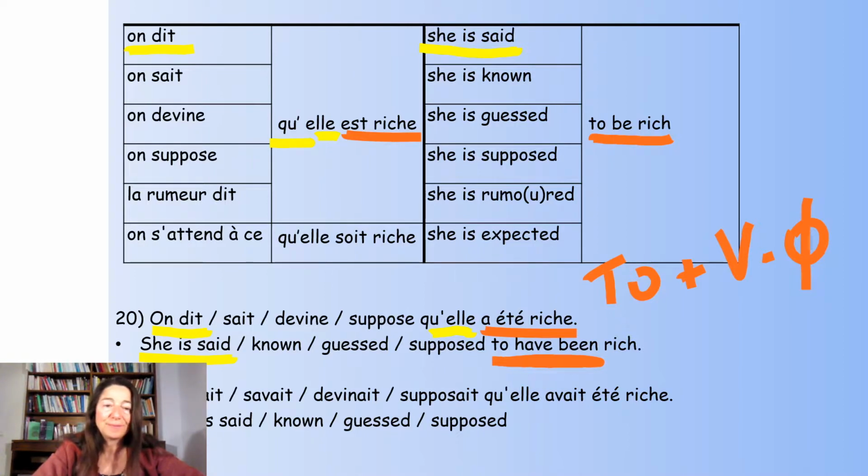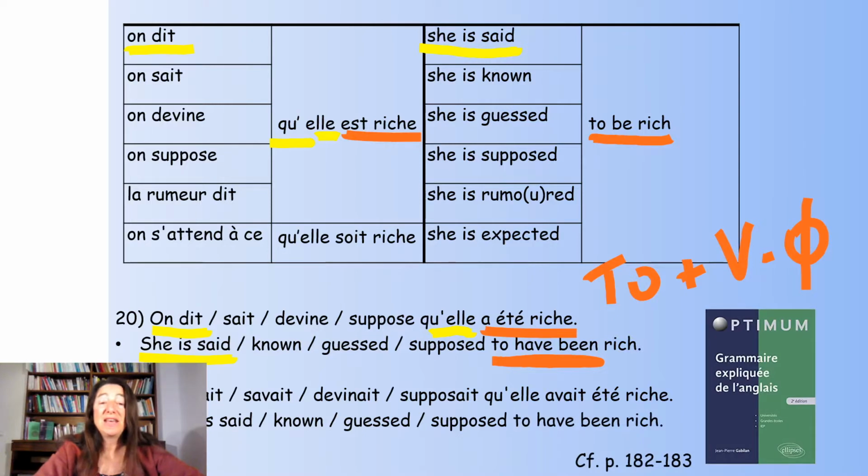And in that case, because we have the imperfect here, we need to adjust this tense here and use the pluperfect in French. But in English, we already have the interconnection idea expressed by have plus VN, sorry. And therefore, there's not much else we can add. So we actually do not need to add anything else. And the end of the sentence will be, she was said to have been rich.